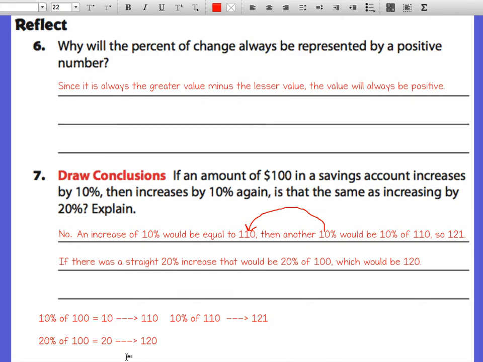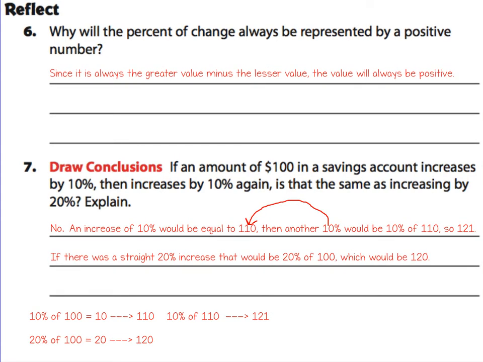Because this got bigger right here, this allowed 10% to get bigger, because you're taking 10% of a larger number. Percentages get bigger as your number gets bigger. So 10% of 10 is going to be small, whereas 10% of 100 is going to be larger because 100 is bigger than 10.